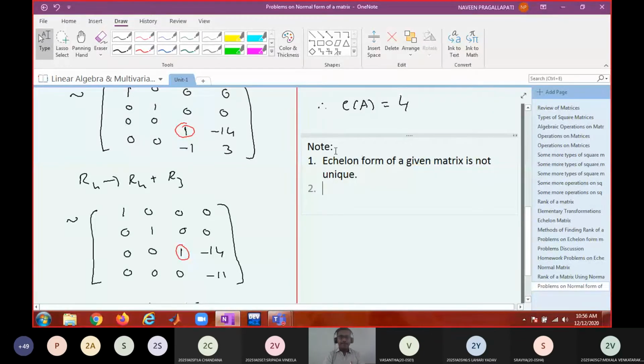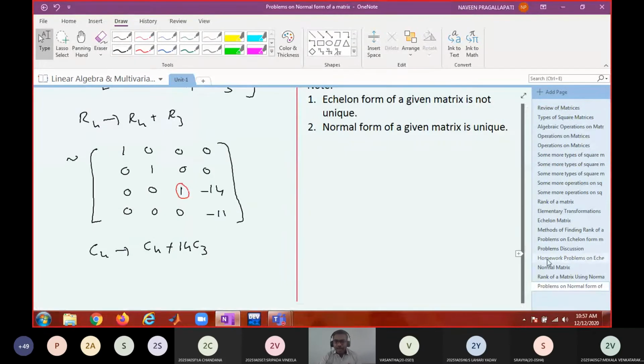Next, normal form of a given matrix is always unique. And rank of a matrix is unique. We have already written that in the properties of rank. So echelon form is not unique, but normal form is unique.